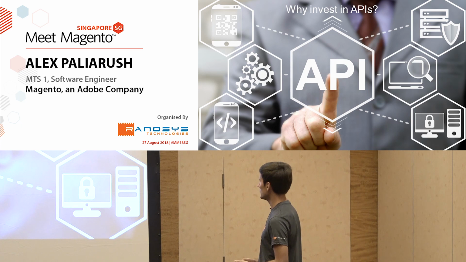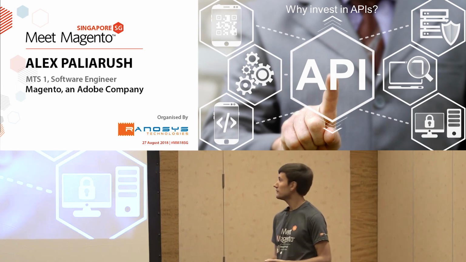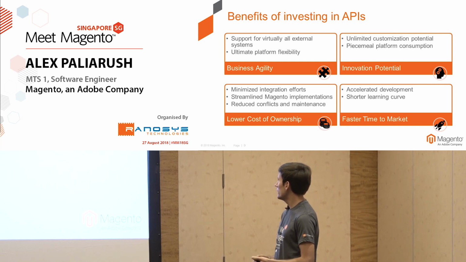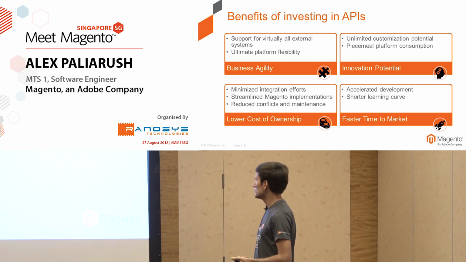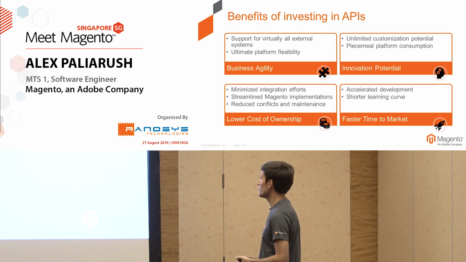Before we answer that question, let's take a look at why we need to invest in APIs in general. The benefits of investing in APIs include support for virtually any integration out there, so you can integrate with any system, and it gives you ultimate platform flexibility and business agility.